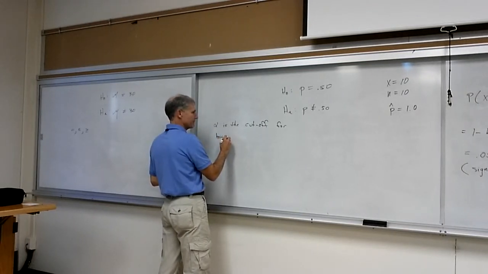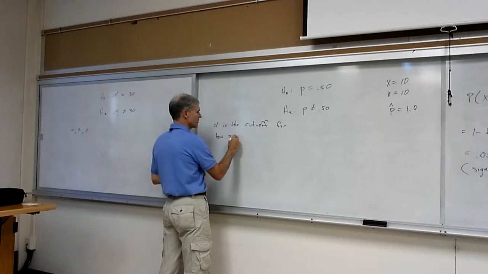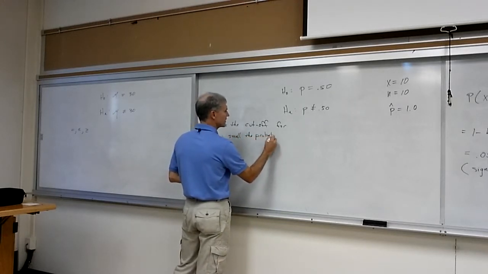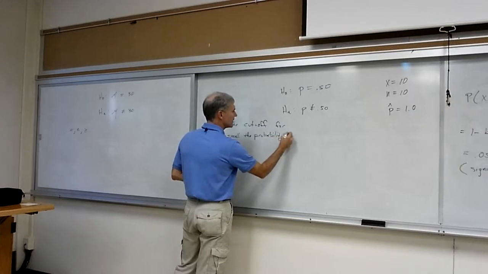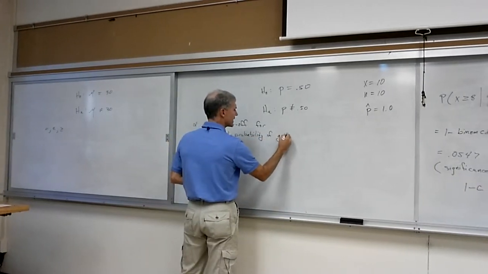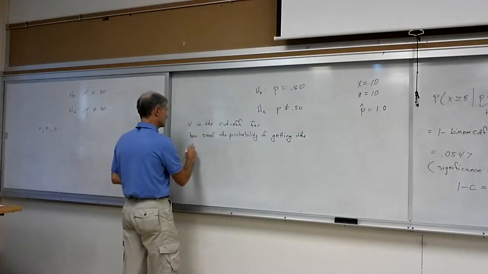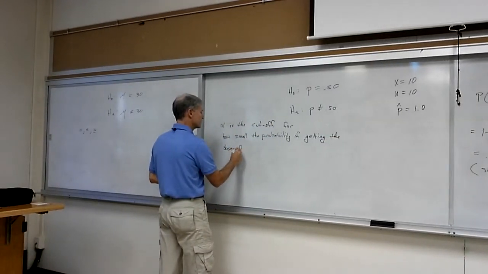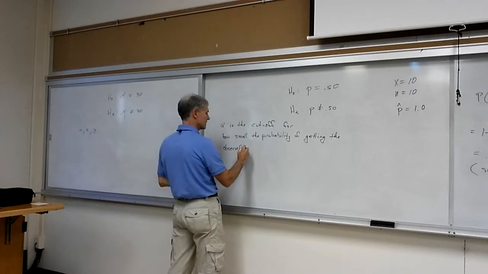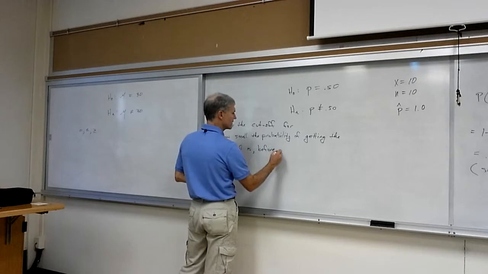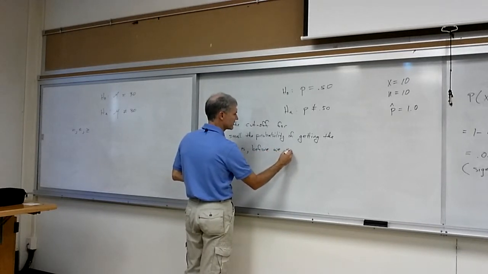how small the probability of getting the observed data has to be before we reject the null.